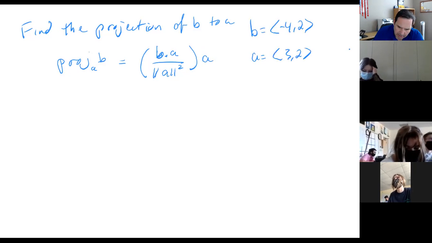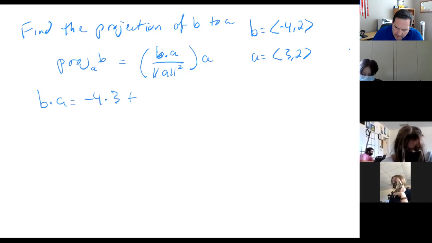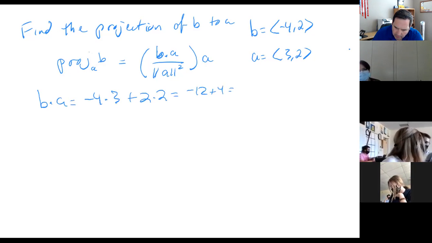So B dot A is our first part. That's -4 times the first component of A, which is 3, plus the second component of B, which is 2, times the second component of A, which is 2. That's -12 plus 4, which is -8.